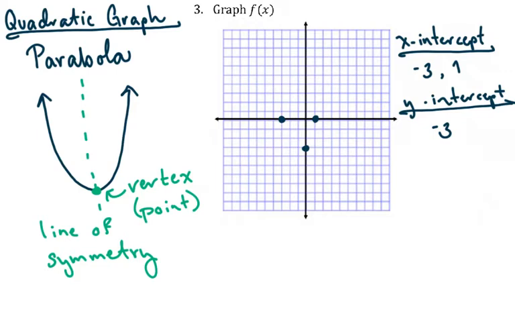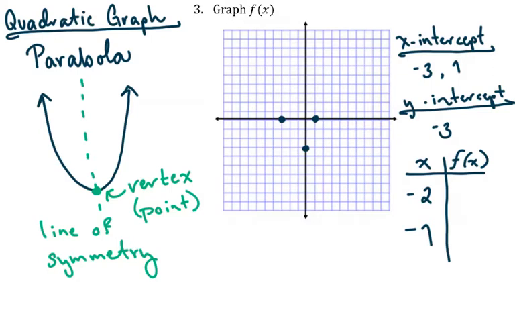So what I'm going to do is pick a couple points in between these 2 x values to give us more of a symmetric curve like this. Those x values in between are at -2 and -1. And we can do that just by plugging in to either the standard or factored form.